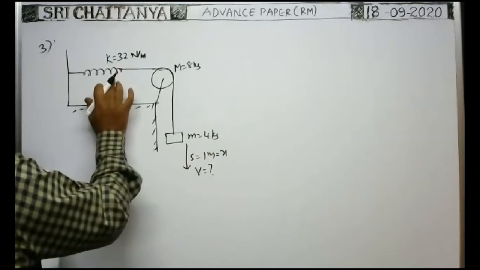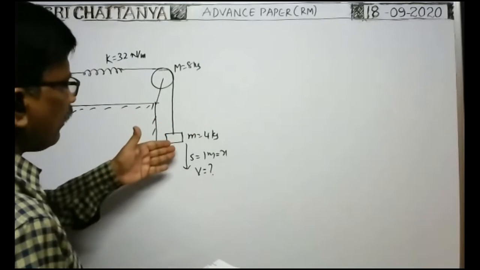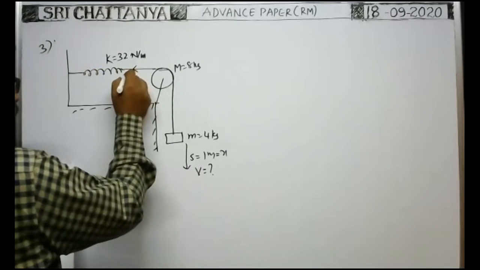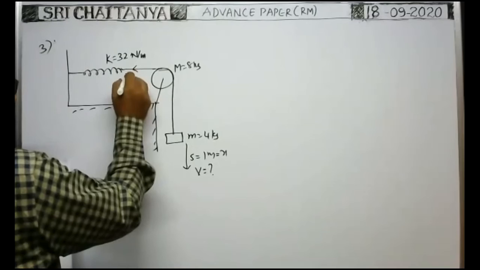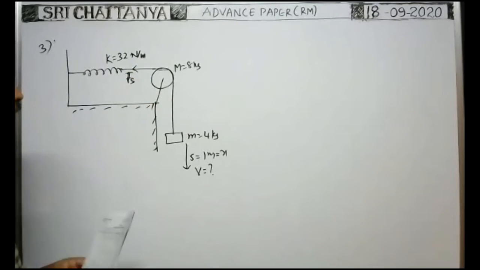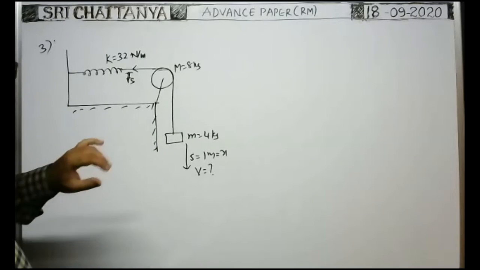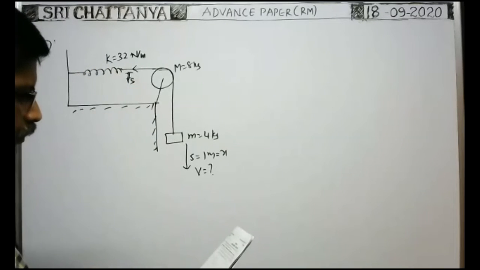That's why there is work done by the spring. Work done by gravity is positive, and work done by the spring is negative, because the spring force Fs acts in this direction and gravity acts in this direction.